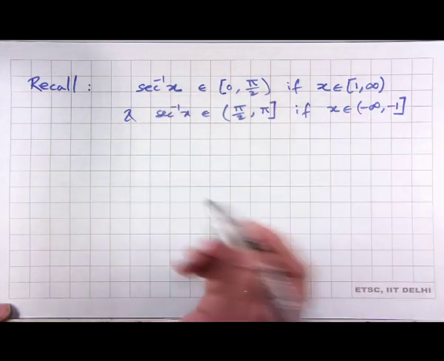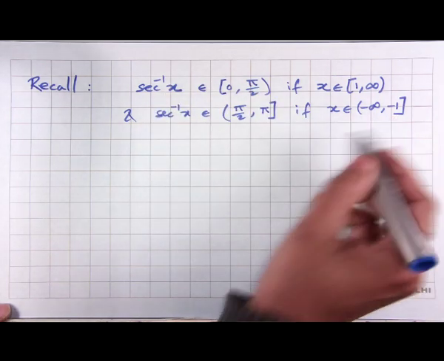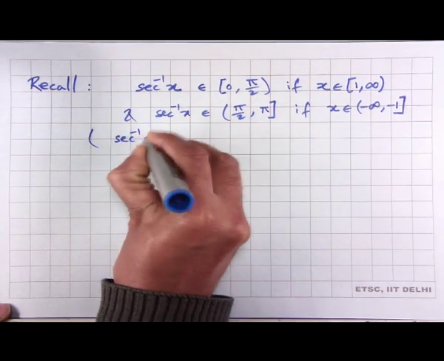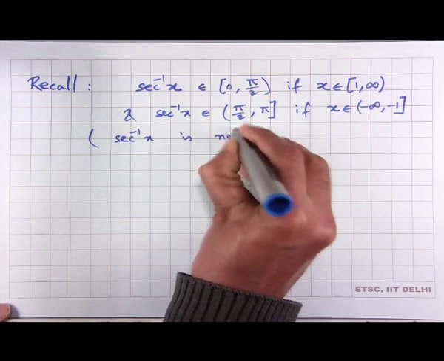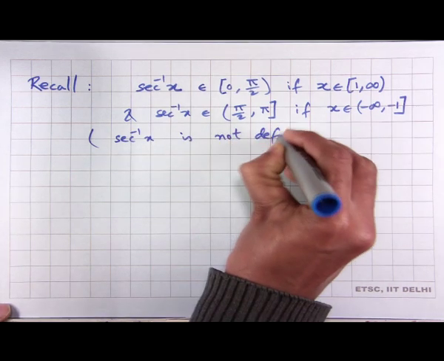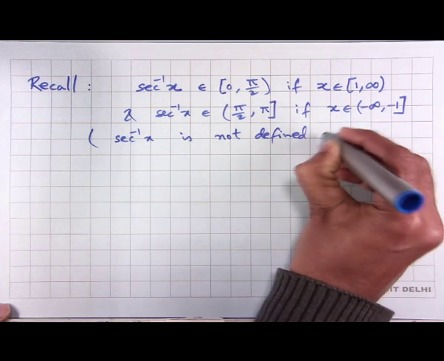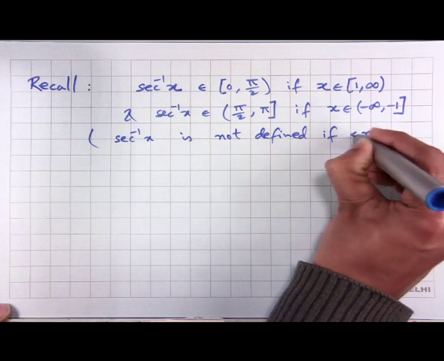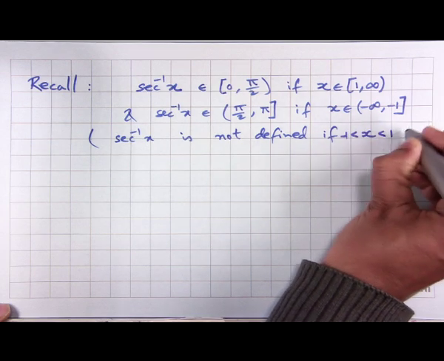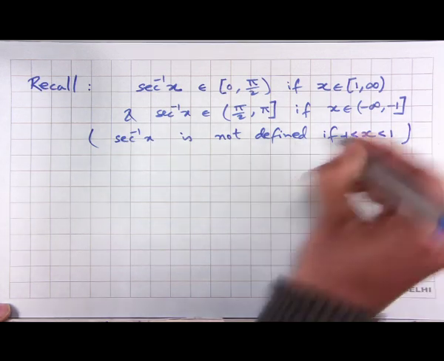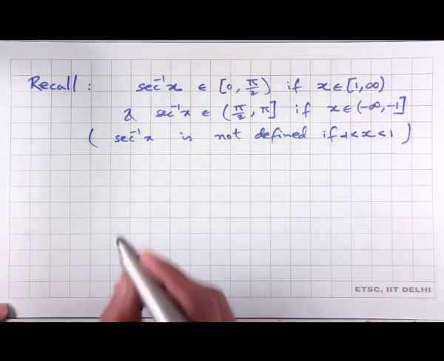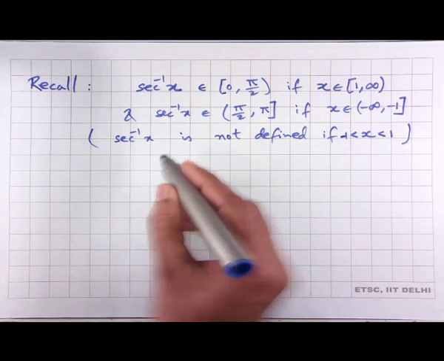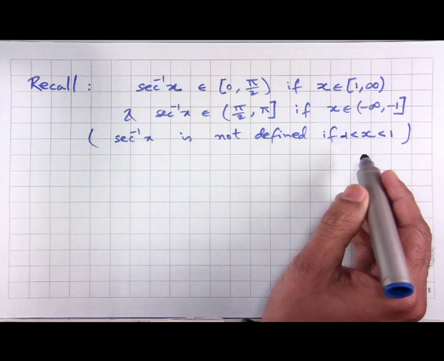Secant inverse x is not defined if x is between minus 1 and 1. This is because secant of theta is always greater than or equal to 1 or less than or equal to minus 1.